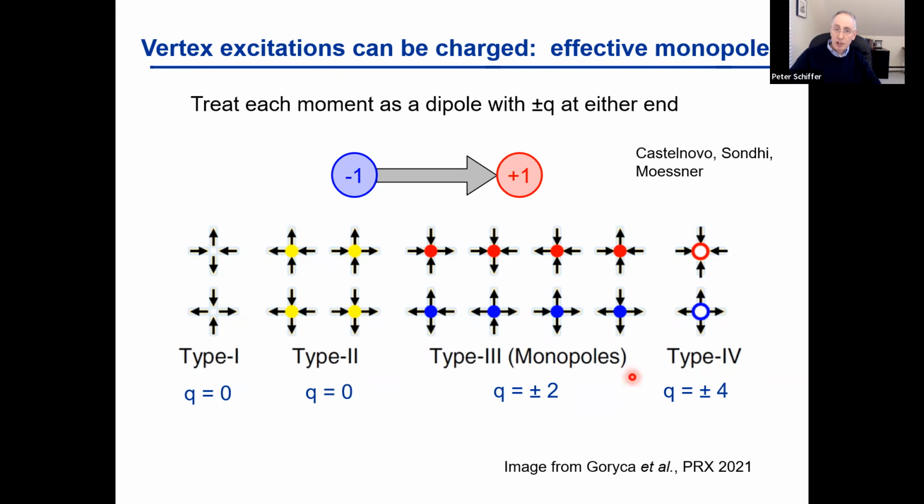And I'll point out that these charges are effectively magnetic monopoles. Although if you talk to the particle physicists, you have to be very careful to explain that they're not real magnetic monopoles, because some of them get a little agitated if you don't explain that.